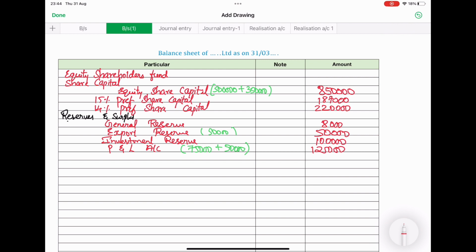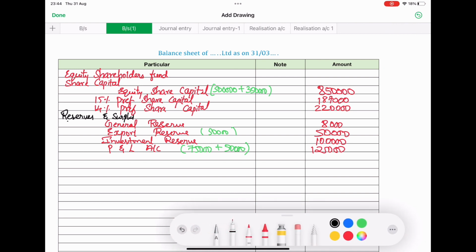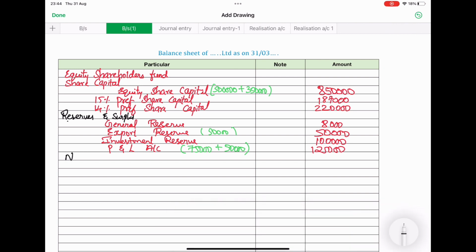So next we are going to enter the non-current liabilities, which are long-term liabilities. Here we are going to mention the mortgage loans, secured loans and debentures. Here we have debentures only, right?